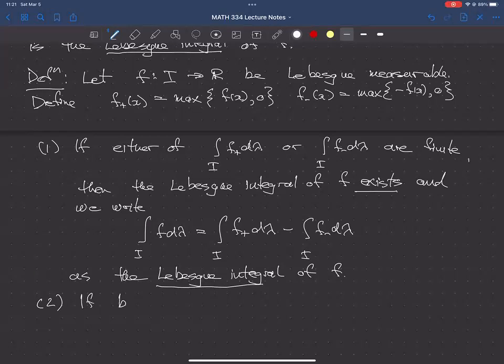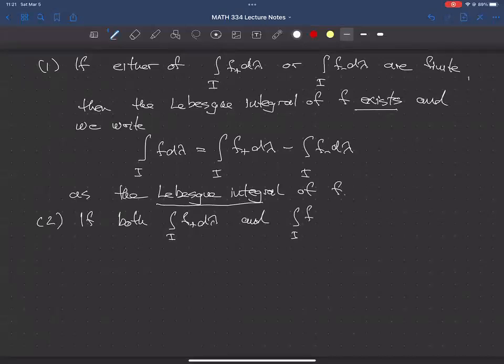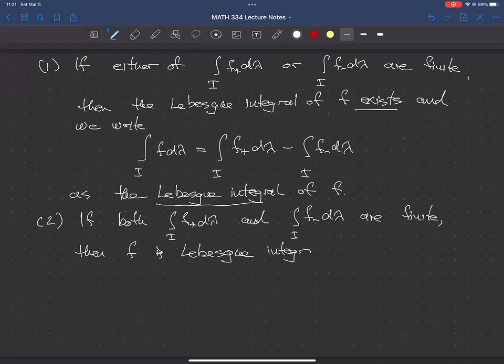If both the integral over I of f plus d lambda and the integral over I of f minus d lambda are finite, then f is Lebesgue integrable. So that's the terminology, and the integral is exactly as it was above.